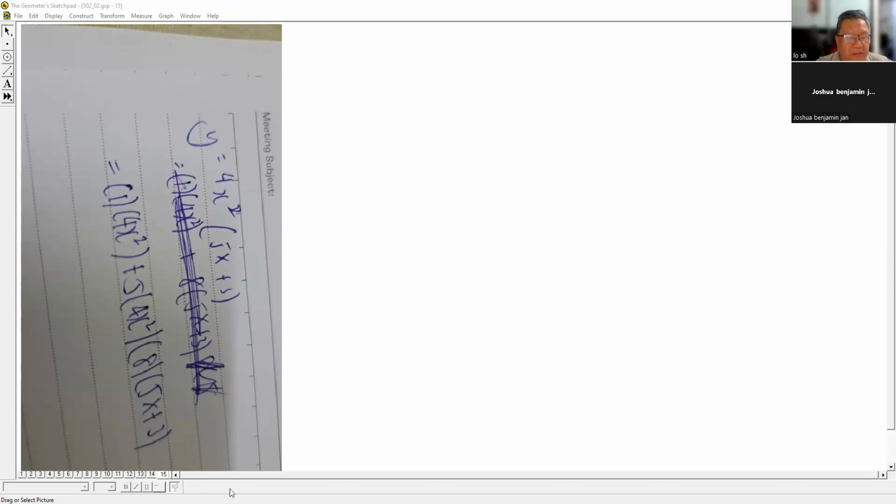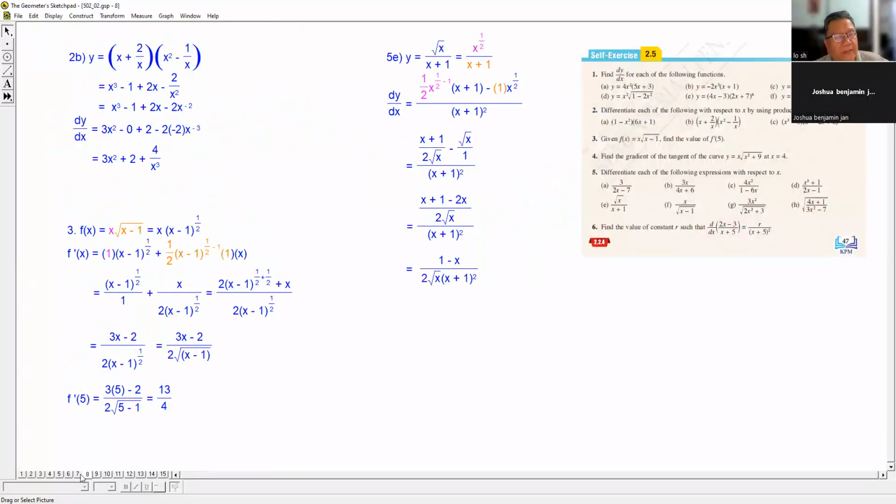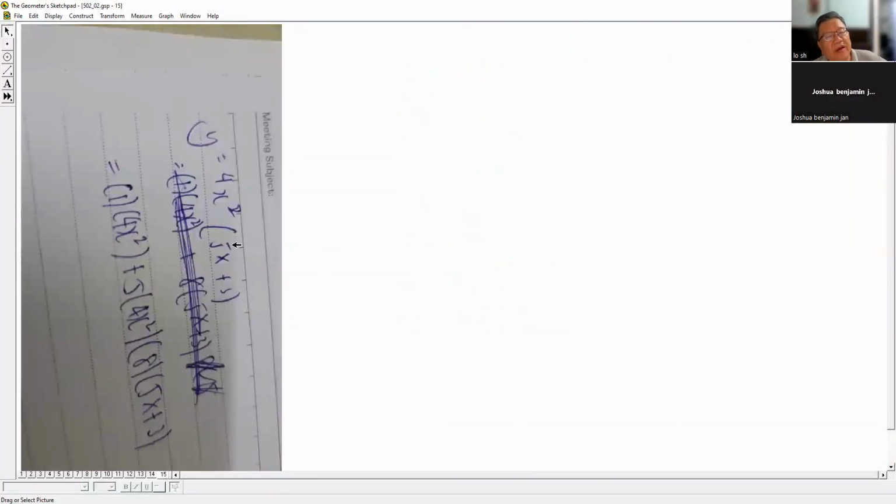Where's the question? Where is the question? Oh, we do A. Okay, 4x squared, 5x plus 3.